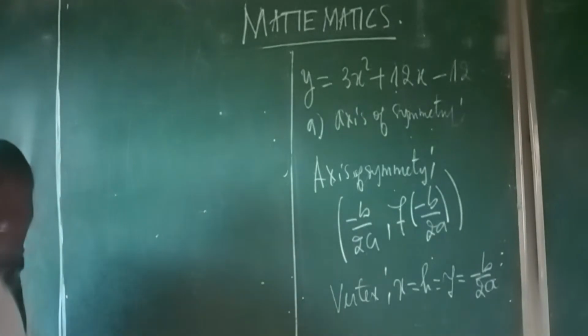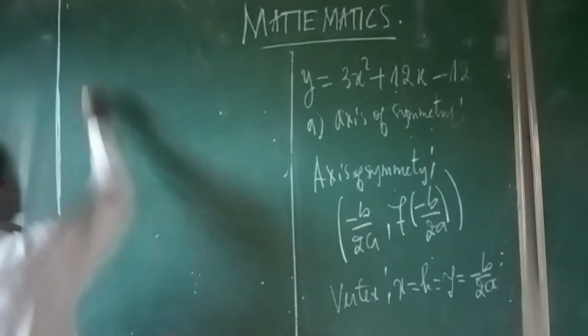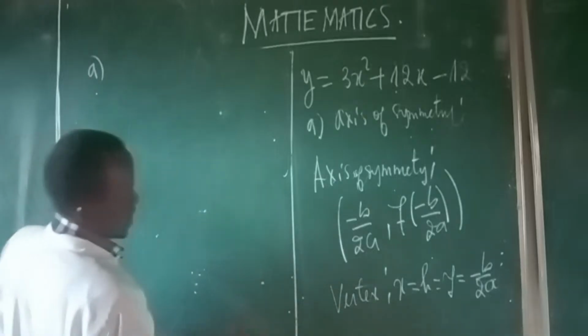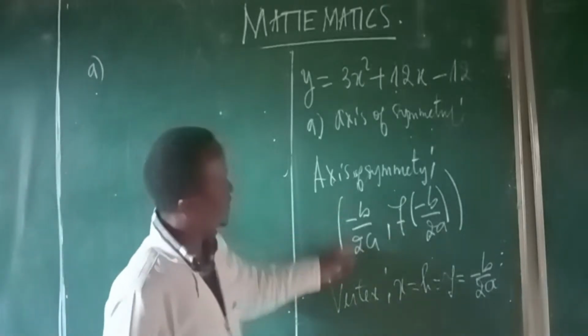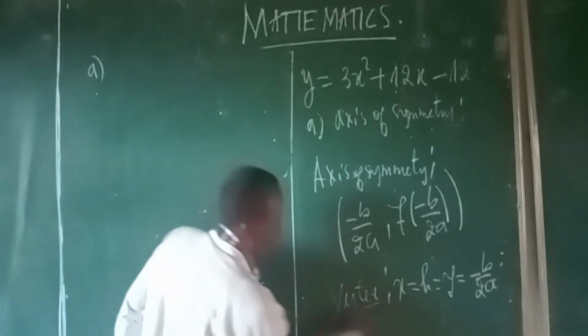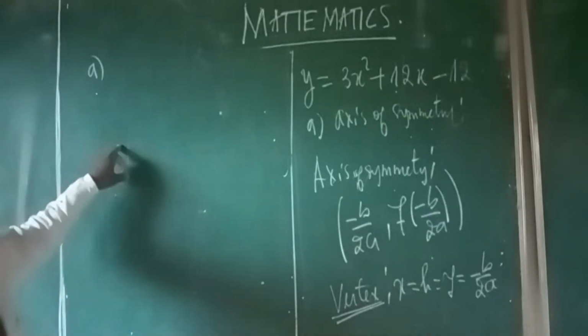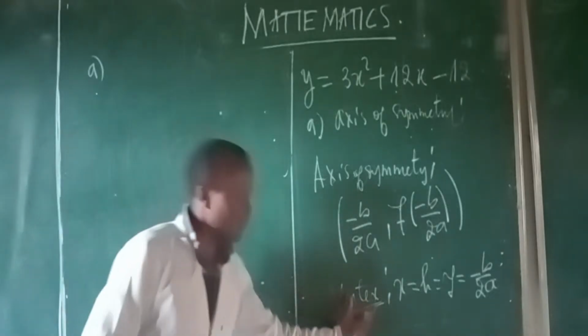Now we have been asked, the first one was B, which is the axis of symmetry. We can't find this axis of symmetry without finding the vertex. Let's start with the vertex. Remember, sub-question B is to find the vertex.